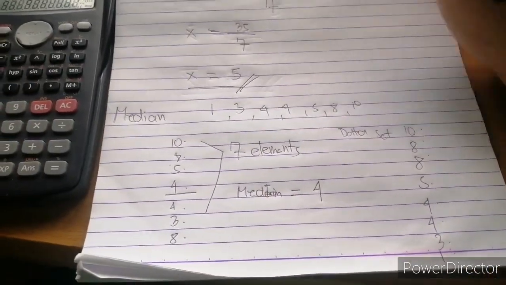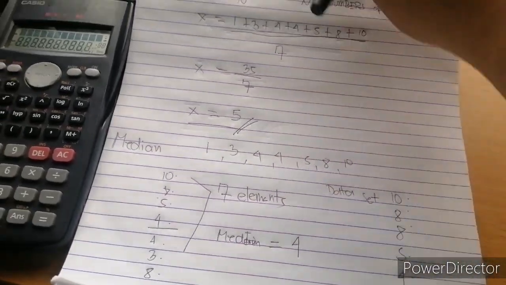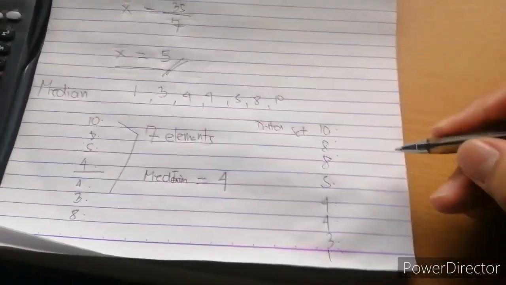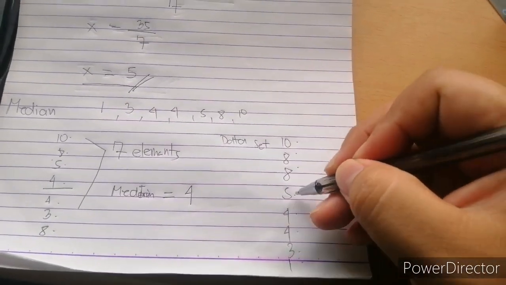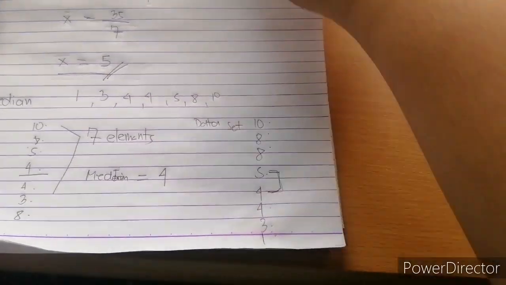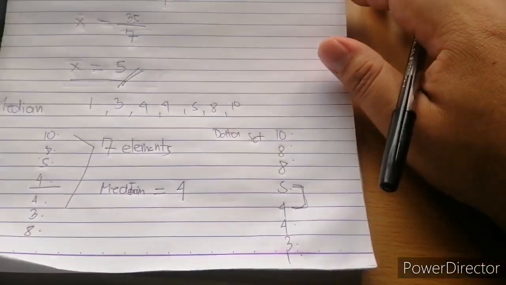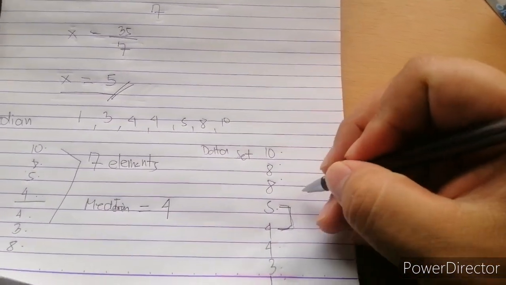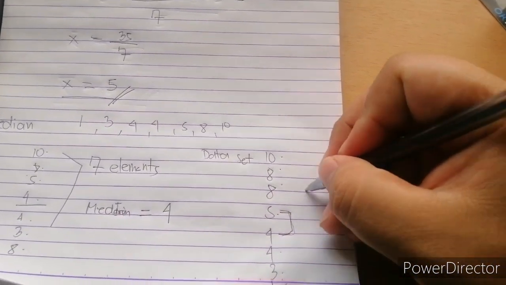you have to add the two middlemost scores in the data set, which are 5 and 4. The formula that you're going to use is nothing special, you just add both.